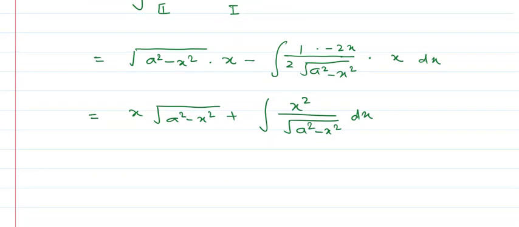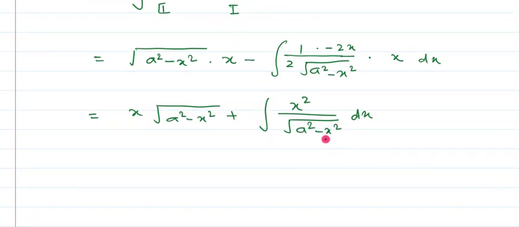Now if you remember, you should know what is to be done after this step. Yes, we need to create the same term in the numerator as in the denominator to go ahead. It can be done by taking a negative sign in front of x square, then adding a square and subtracting a square. So let us do the same.